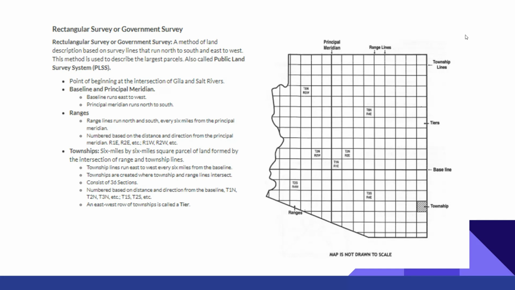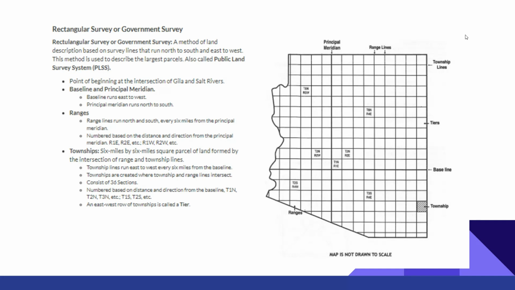Townships: 6 miles by 6 miles square parcel of land formed by the intersection of range and township lines. Township lines run east to west every 6 miles from the baseline. Townships are created where township and range lines intersect.